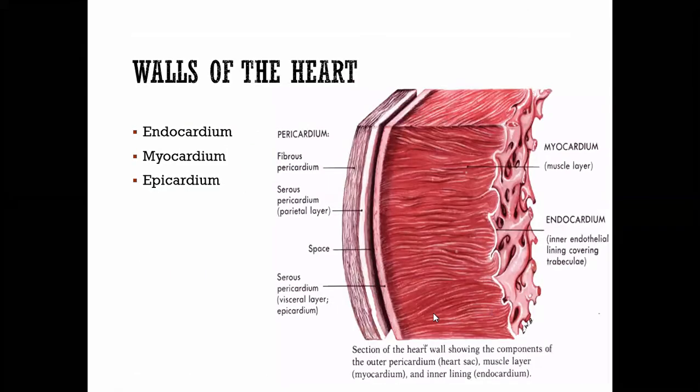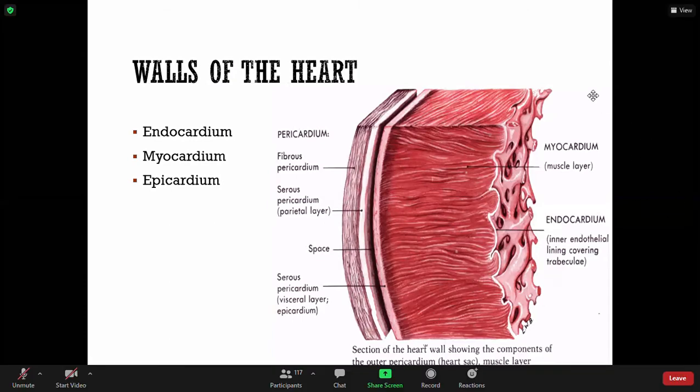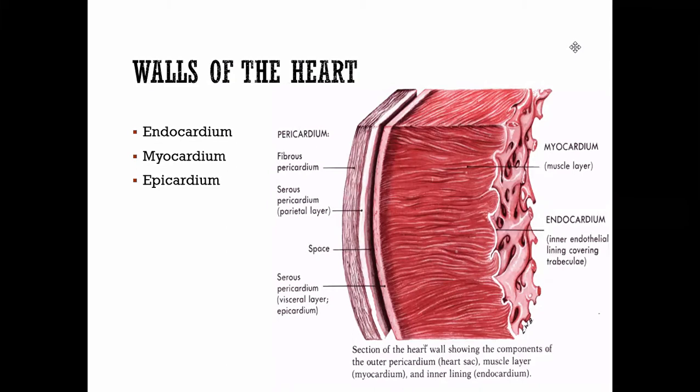The walls of the heart: the three layers, from within. You have your endocardium, the myocardium, and the epicardium. The pericardium is the entire layer. Starting from the inner, you will have your endocardium, the inner endothelial lining covering the trabeculae. These are the trabeculae.